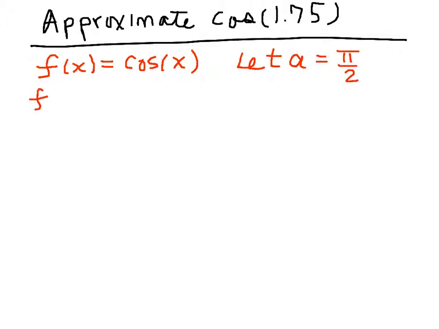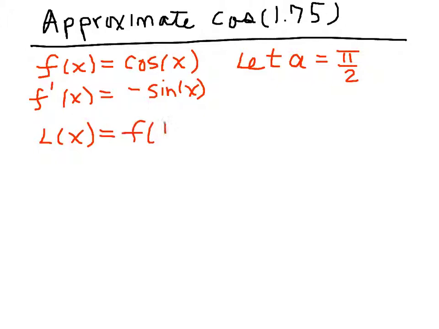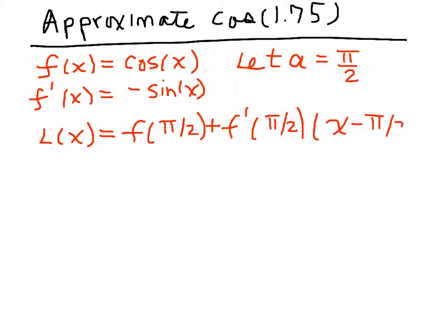And recall that f prime of x is minus sine x. So therefore, the linearization at the nice point, which is pi over 2, will be f(pi/2) plus f prime of pi over 2 times (x minus pi over 2).